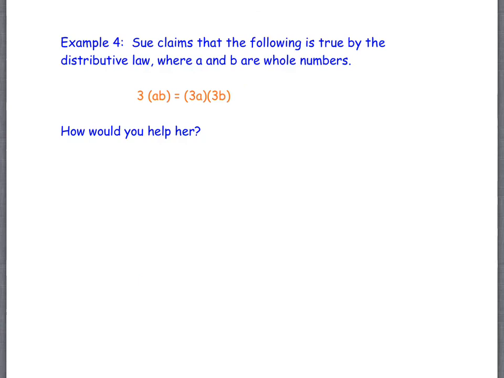Sue claims the following is true by the distributive law where A and B are whole numbers. 3 times AB equals 3A times 3B. How would you help her?